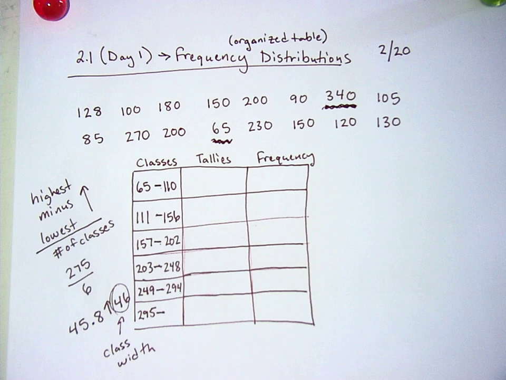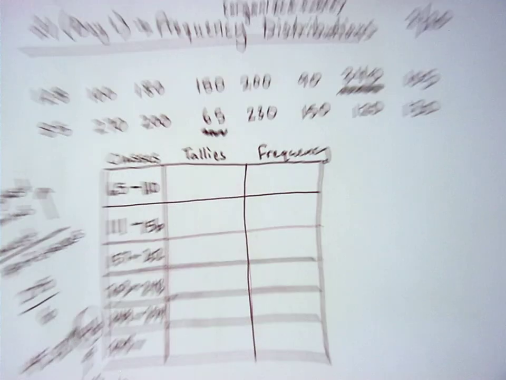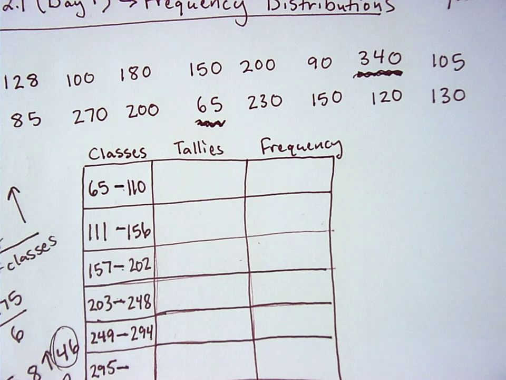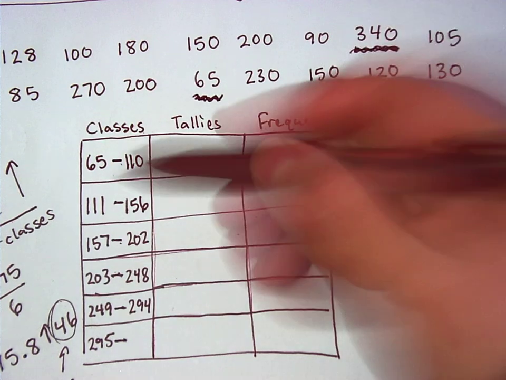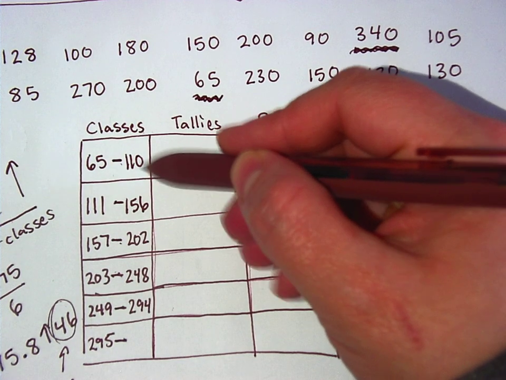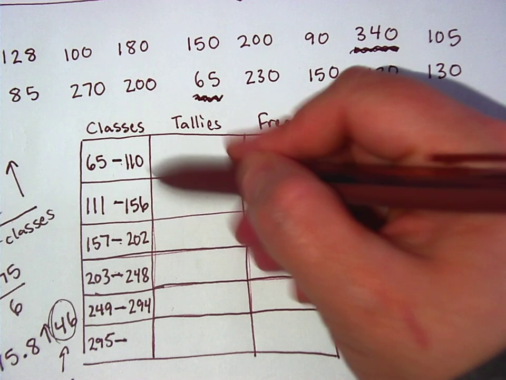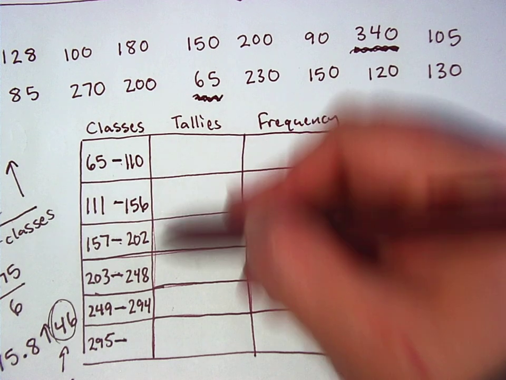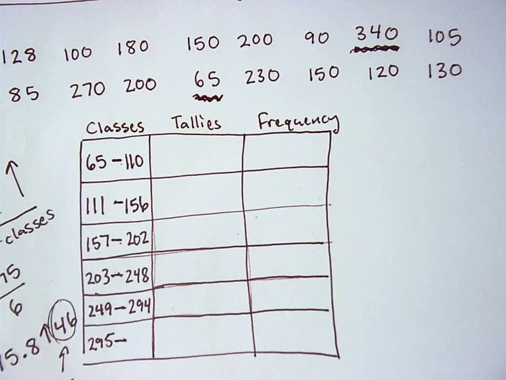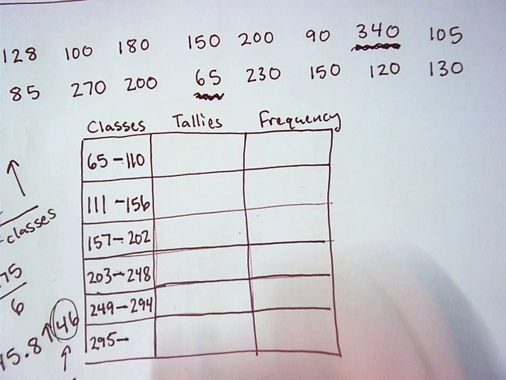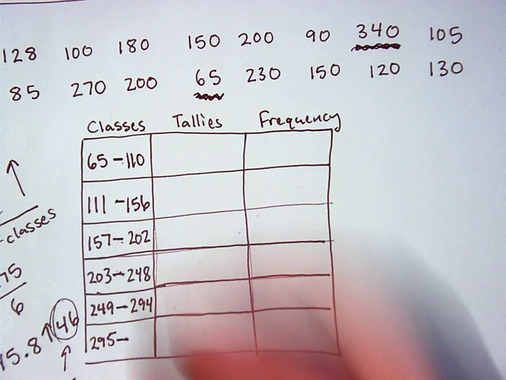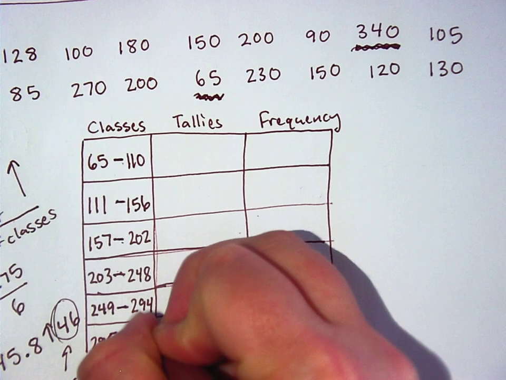The last one you can't do that trick for though, because for the last one you don't have another category above it. But you can notice that this is also, see 110 and 156, this is also jumping by 46. So if I just take 294 and add 46 to it, then I'll get the other half, which is 340.